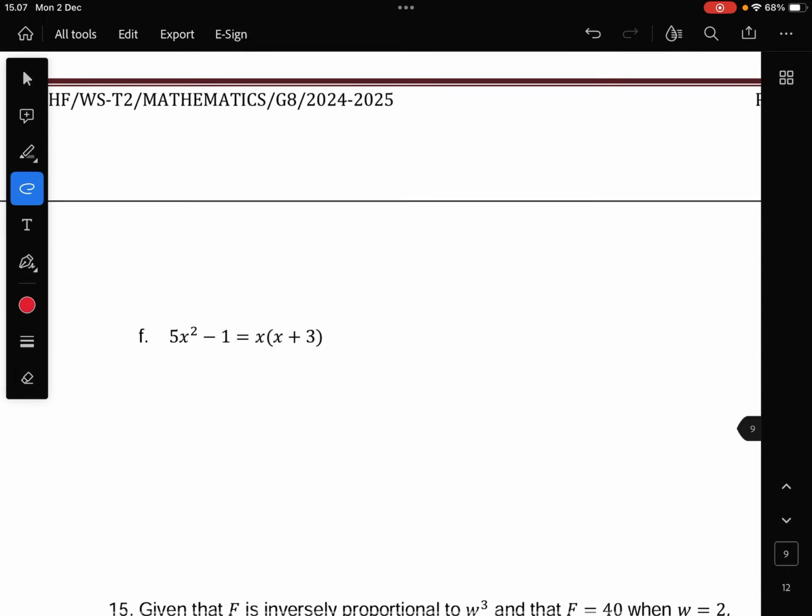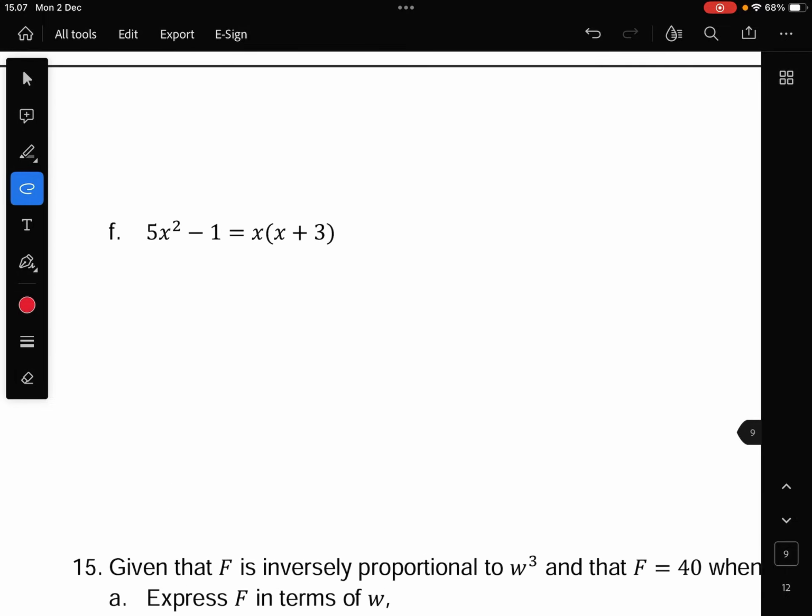Now, one more, I think. This one. If we need to find and solve this, actually you have to do the rainbow multiplications. On the left side, you just need to copy and paste. x multiplied by x is x squared, plus 3 multiplied by x is 3x.